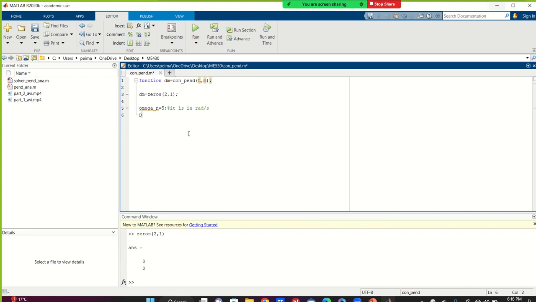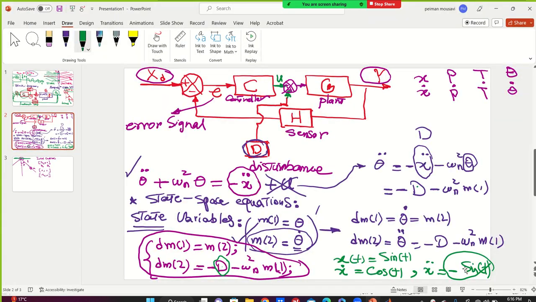Then I'm saying D, the disturbance of the system. It was minus sine T, time, as we derived together. See, I'm copying exactly from here. Our D was X double dot. Minus sine omega. So minus, okay.